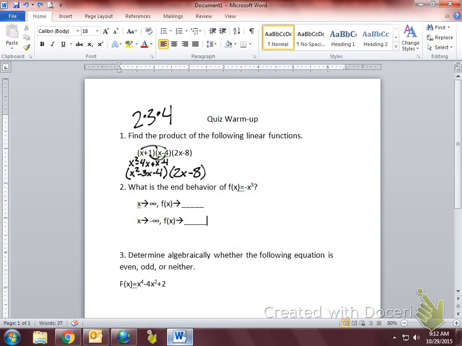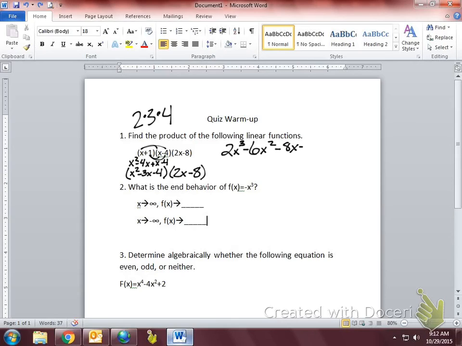Okay, so I'm going to go through and distribute my 2x to each term. So I'll have 2x cubed minus 6x squared minus 8x. Okay, and then I'll have to distribute the negative 8 to each term.